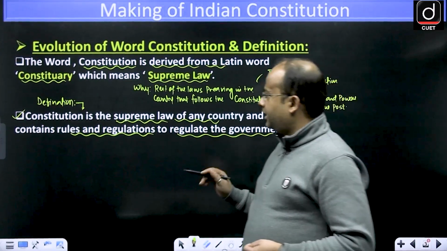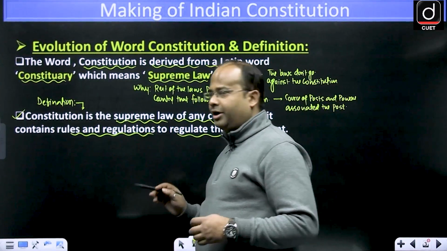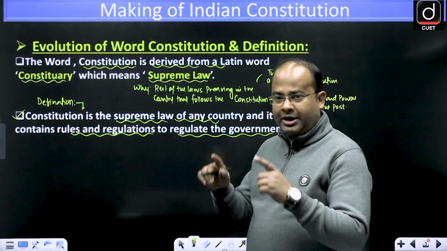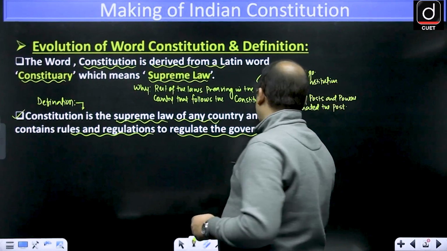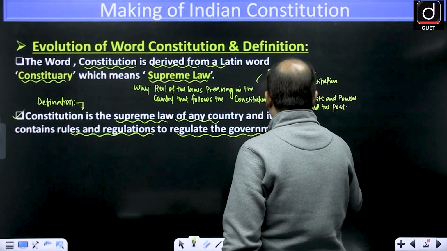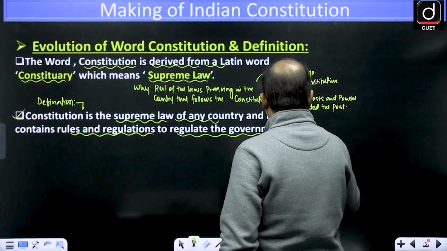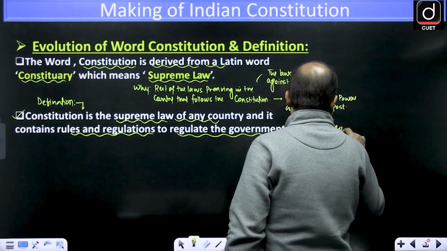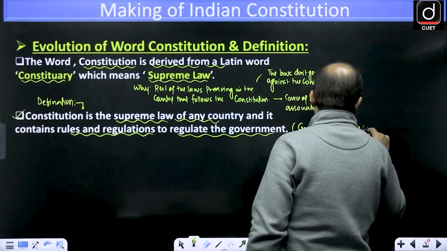It contains the rules and regulations to regulate the government. So the government is regulated by the constitution, and finally this government runs the country.